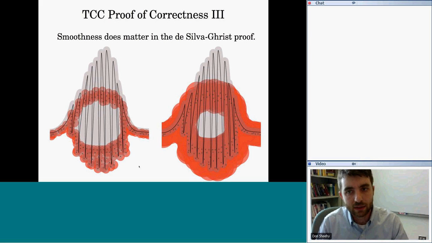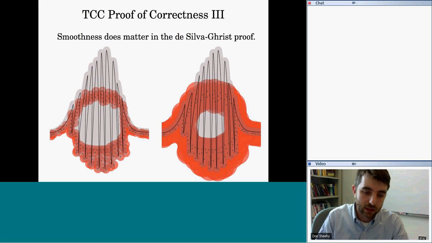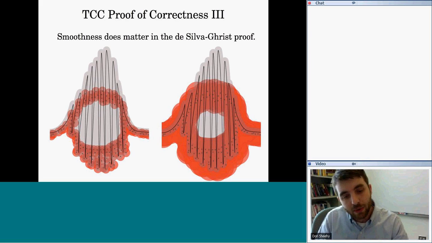If you look back at the De Silva-Ghrist proof, they take the relative homology and look at it under the connecting morphism, and then they look at the d-1 dimensional homology in just the boundary. And you don't have smoothness. For instance, this zigzaggy shape here has quite large, even arbitrarily large, weak feature size.